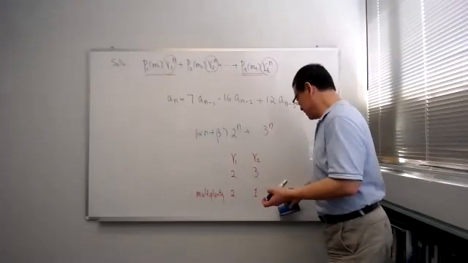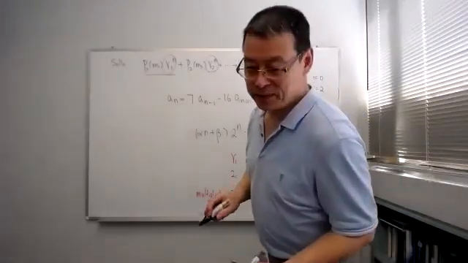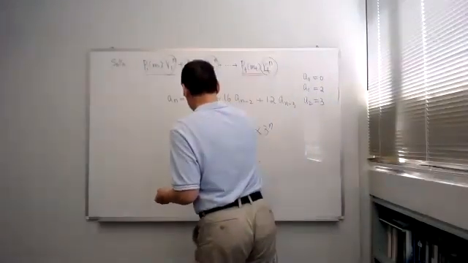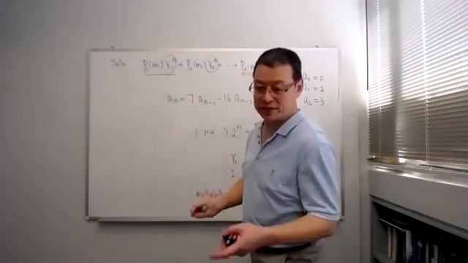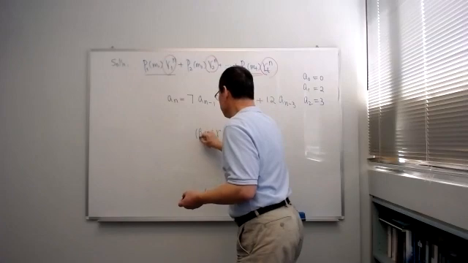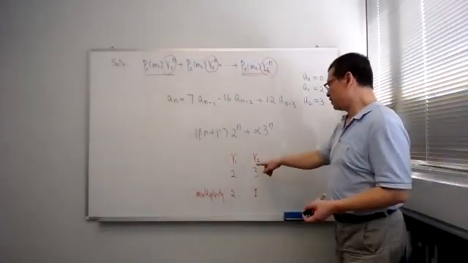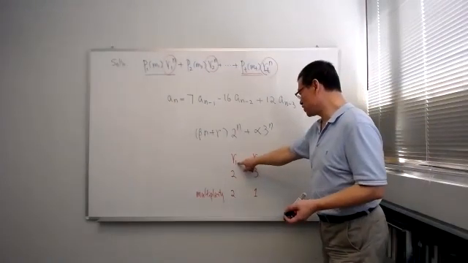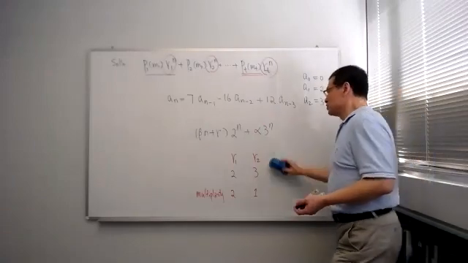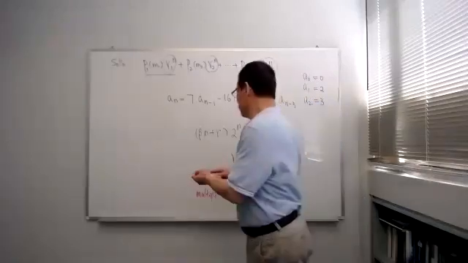Say this one is alpha, and then beta, gamma, so that it will be the same notation as in the notes.